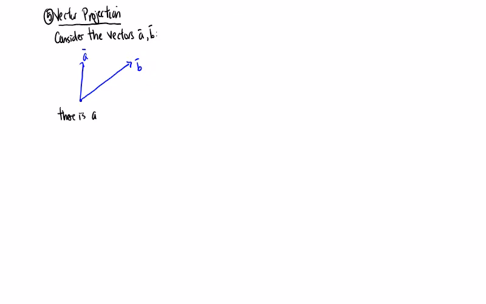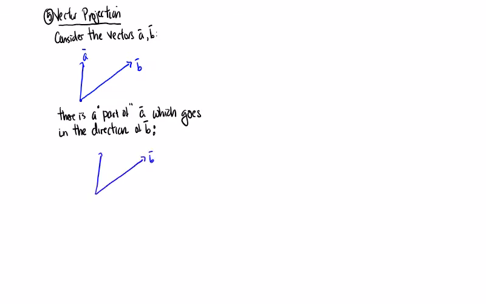So I'll write that and then I'll draw a picture which will really nail down what we're saying here. We can say there is a, quote, part of A which goes in the direction of B. So I'll draw a picture for that so you'll see what I mean. Here's B again.